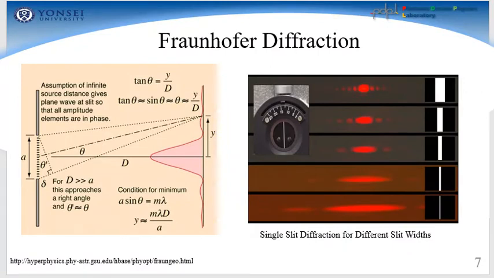Okay, let's talk about Fraunhofer diffraction. Fraunhofer diffraction occurs in the limit of a small Fresnel number. In Fraunhofer diffraction, the diffraction pattern is independent of the distance to the screen, depending only on the angle to the screen from the aperture, this angle theta.